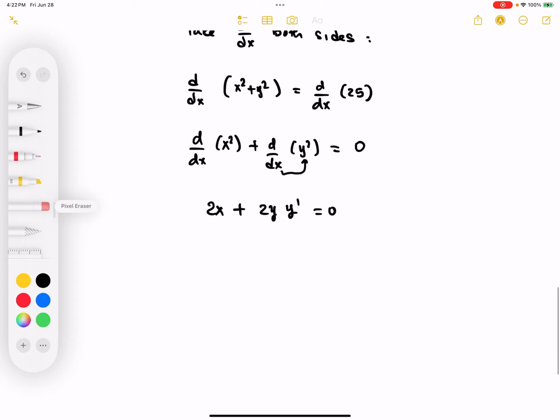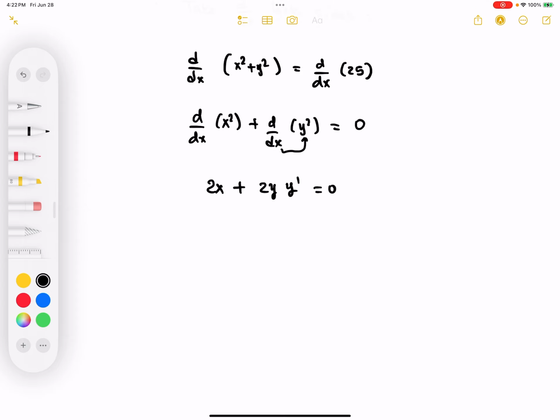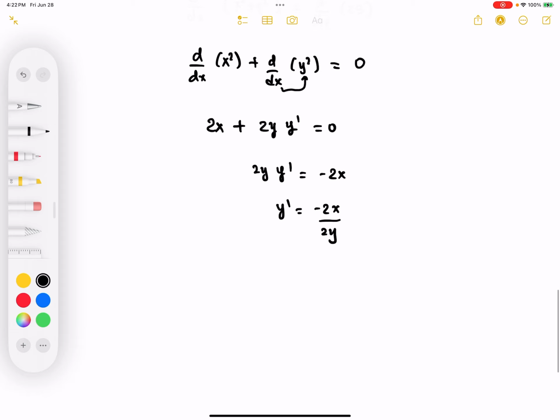So 2x plus 2y y prime is 0. From this, you can see that we can solve for y prime. So 2y y prime is minus 2x, and y prime is minus 2x divided by 2y. When you simplify, it is negative x over y. This is implicit differentiation.